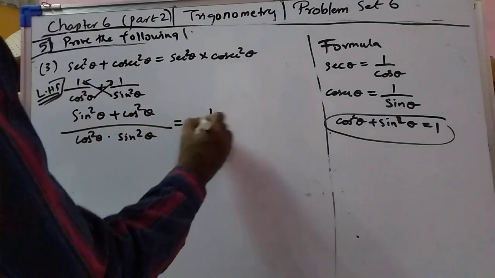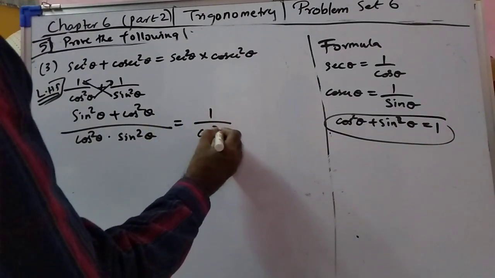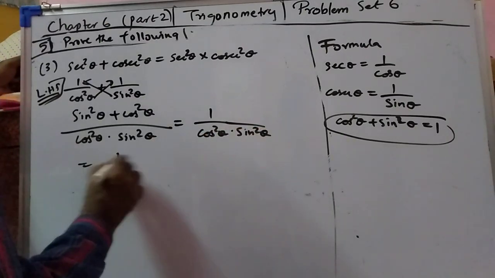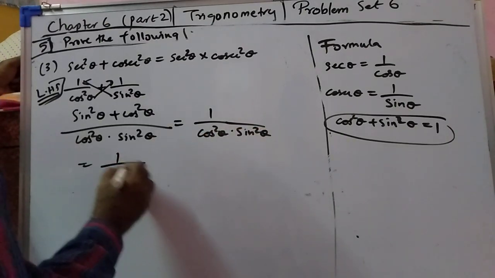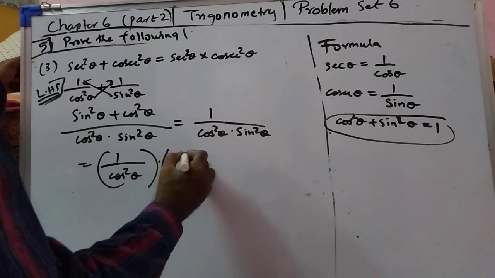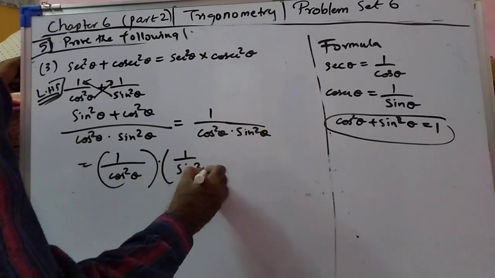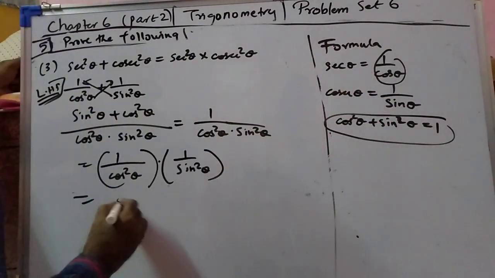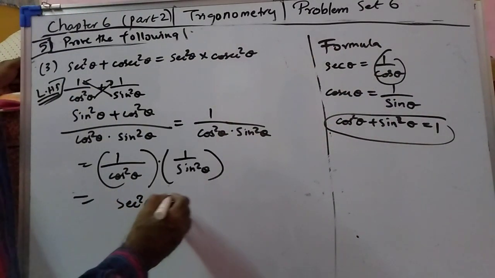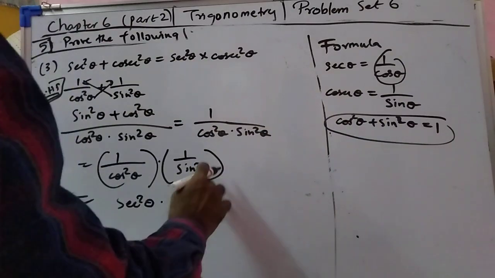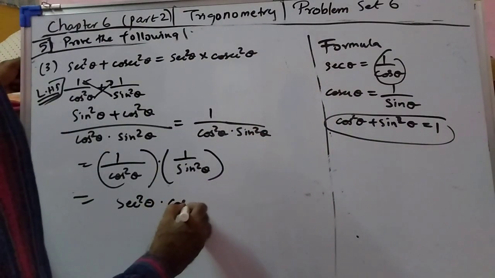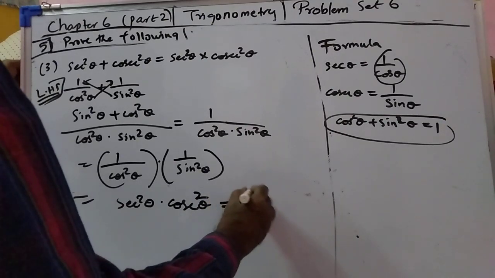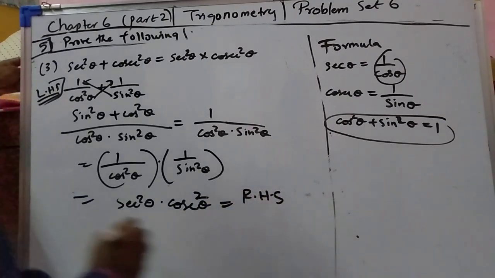So that will become 1 upon cos square theta into sin square theta. Break it like this, 1 upon cos square theta dot 1 upon sin square theta. But 1 upon cos is sec, that will become sec square theta dot 1 upon sin is cosec, so it will become cosec square theta. Okay, that is equal to the right hand side.